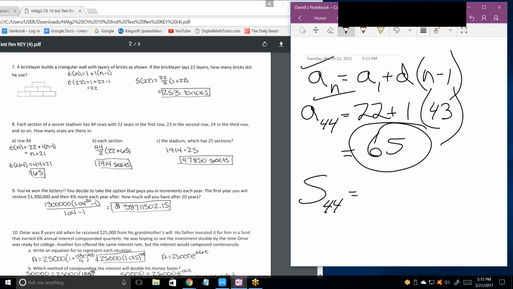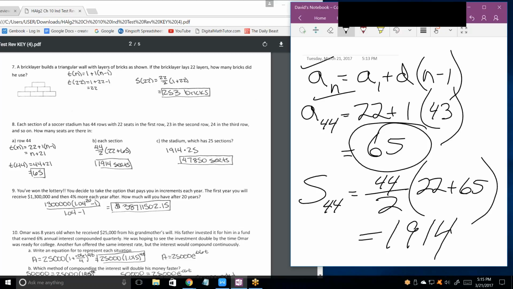Well, it's equal to the number of rows, which is 44, divided by 2, in other words, n over 2, times the first row seats plus the last row, which we just figured out was 65. So that's equal to 1914. And in the entire stadium, if every section has 1,914 seats and there's 25 sections, you're going to multiply that by 25 to get this answer.